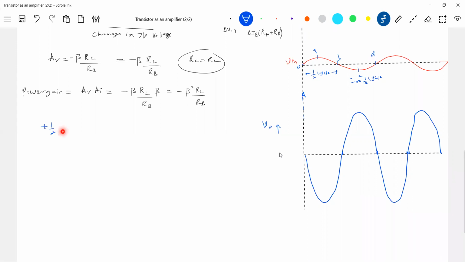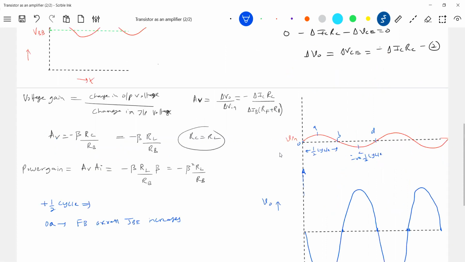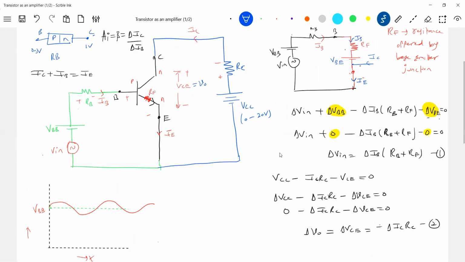During OA, the forward bias across the base-emitter junction increases. The reason: it is already forward biased by this battery. When you add some positive voltage, the forward bias will increase.